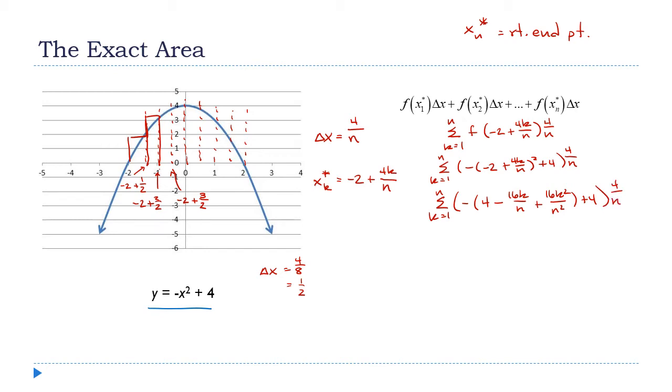Now what happens? Now I have to distribute the minus sign. This is the sum k equals 1 to n of minus 4 plus 16k over n, minus 16k squared over n squared, plus 4, times 4 over n. Now, good things happen. The minus 4 and the 4 cancel. I'm going to factor a little bit here.